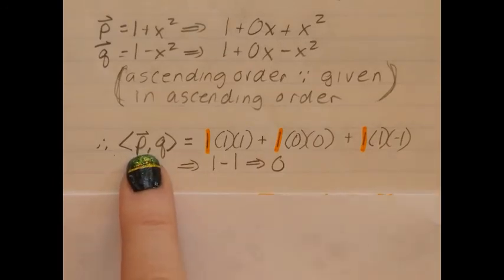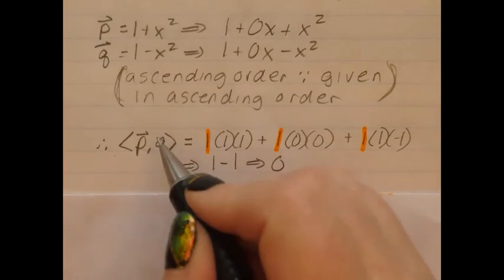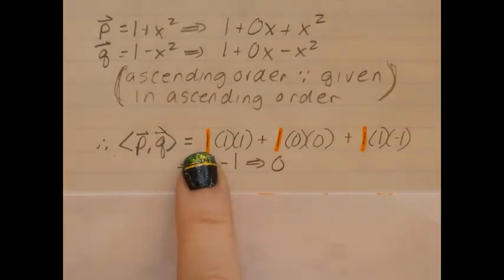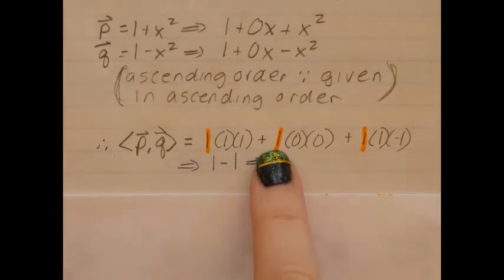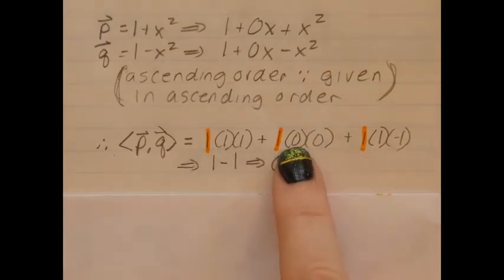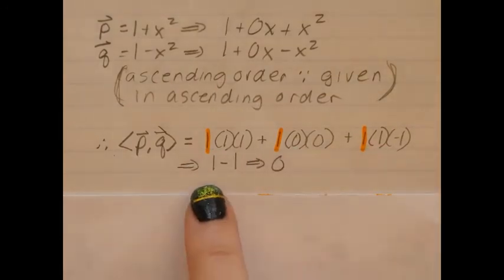So when I want to find the dot product of P and Q, the ones are coming from the formula. The ones in front of the a sub 0 b sub 0, a sub 1 b sub 1 and the a sub 2 b sub 2. So those are where the ones are coming from.